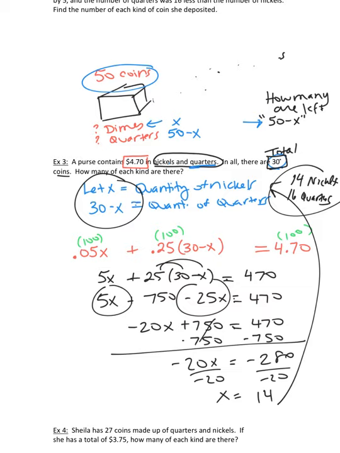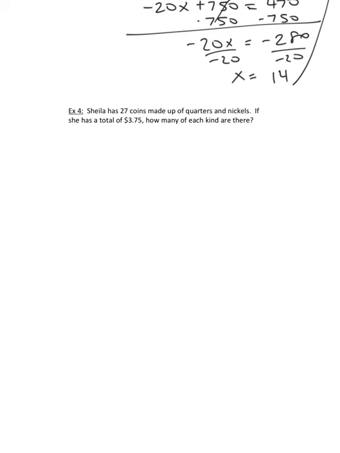So let's take a look at another example. At this point you could pause the video, try it on your own maybe, and then check to see if you're doing it correctly. Okay, Sheila has 27 coins made up of quarters and nickels. If she has a total of $3.75, how many of each kind are there? So my total quantity is 27 coins.